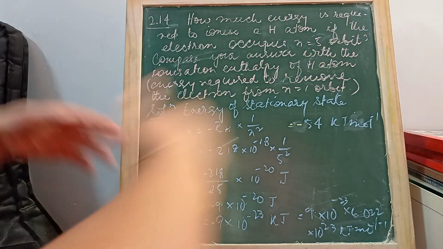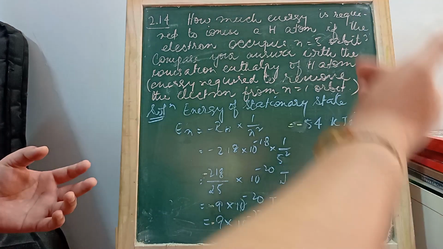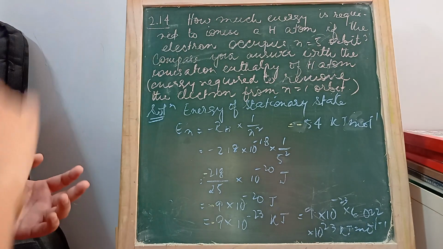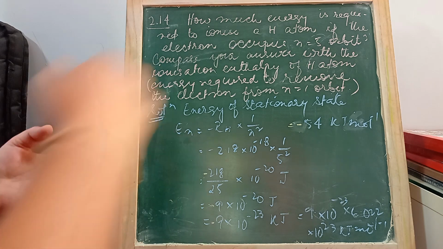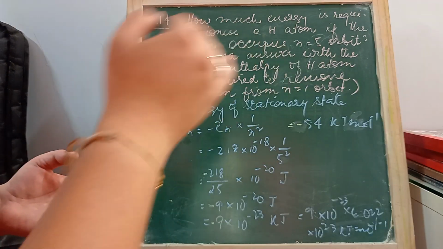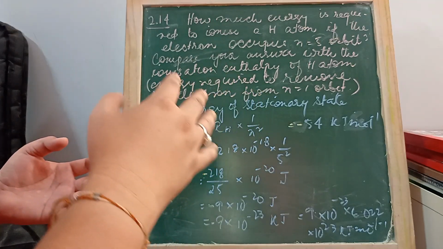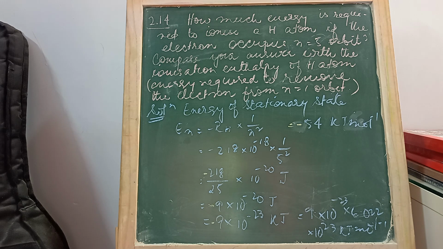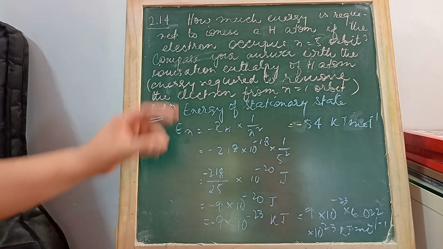So when the electron is very far away from the nucleus, so far that there's no influence of the nucleus, it has zero energy, the maximum energy. So when it becomes closer to the nucleus, it will have lesser energy. Yes, I hope this is understandable. That is the significance of the minus sign in the energy value.